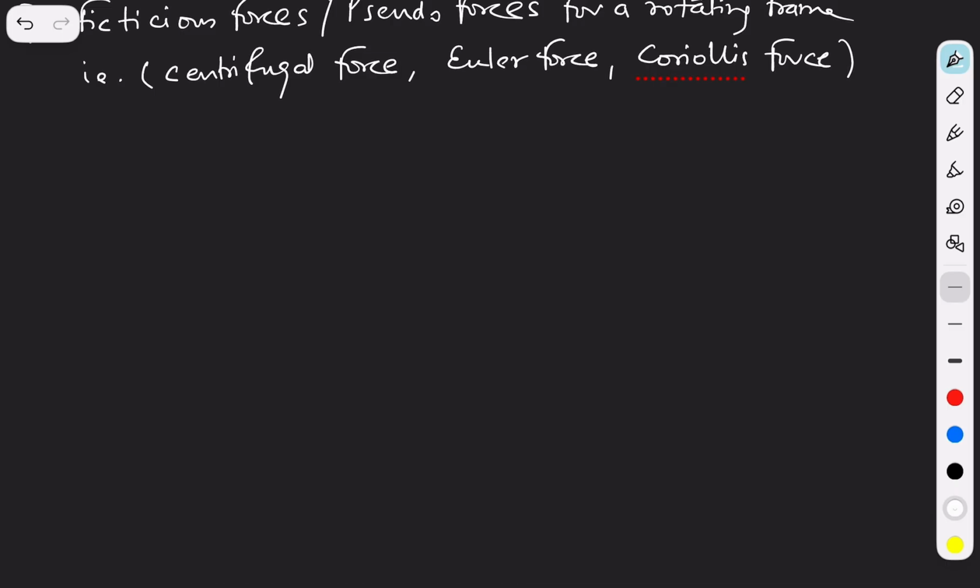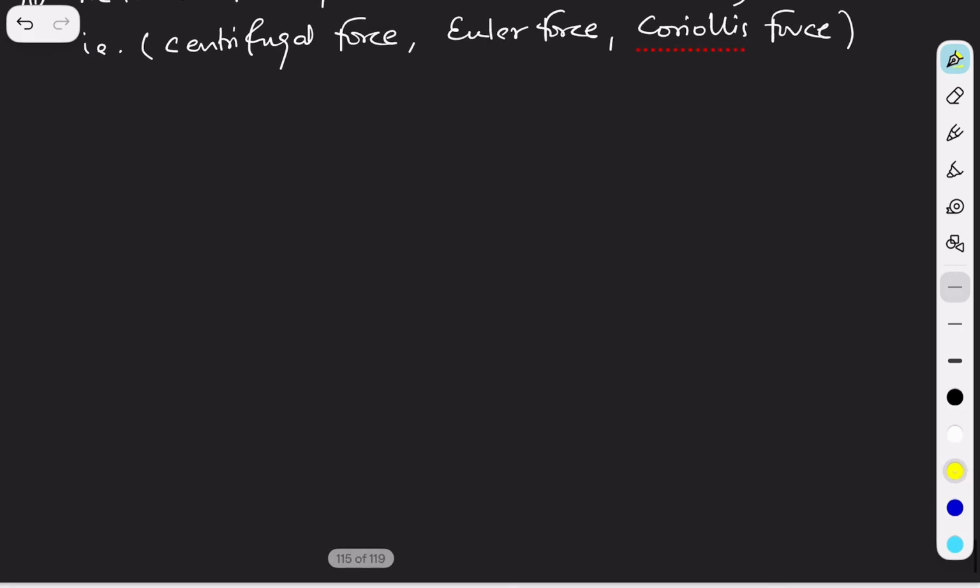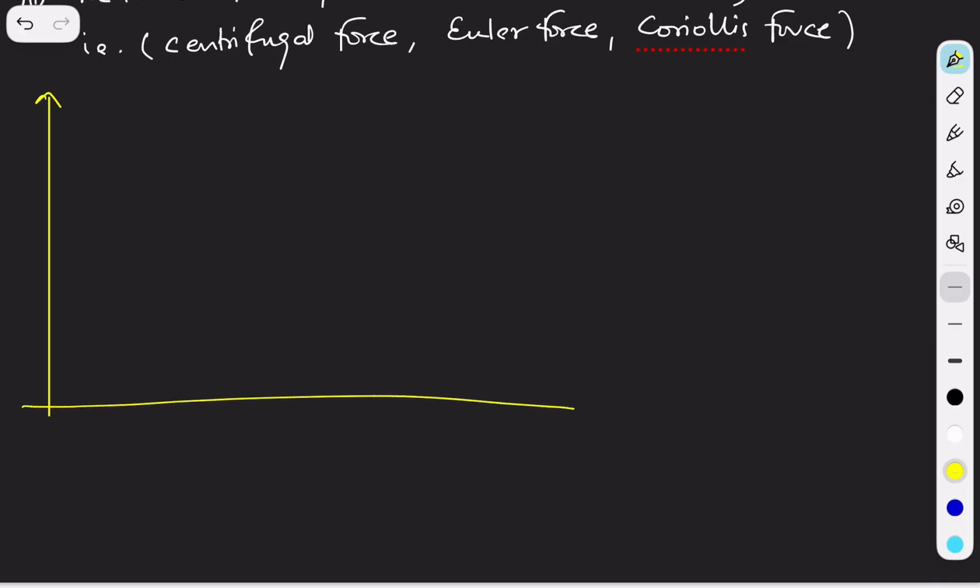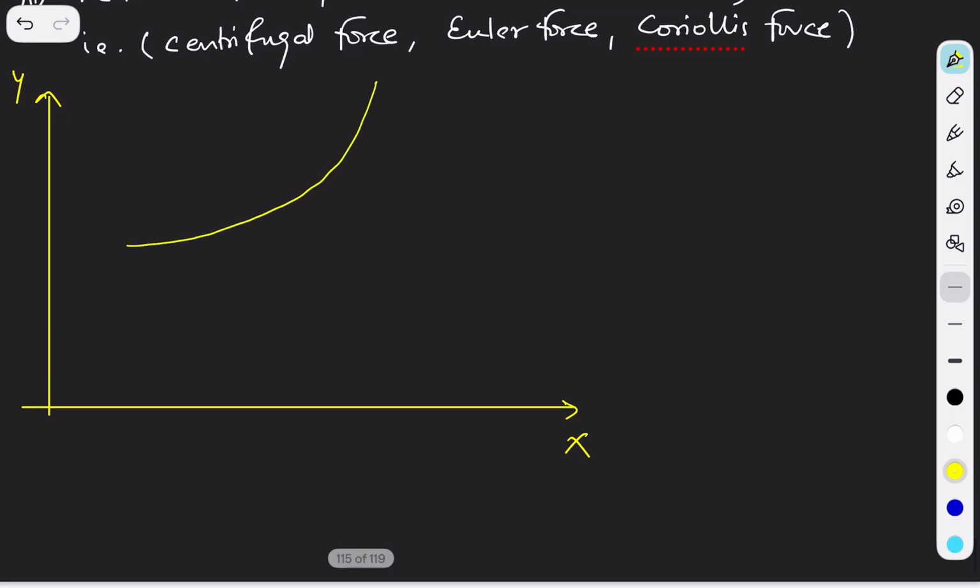So see, the thing is, suppose you are having, let's say this is your y axis and this is your x axis, and let's say, guys, this is some sort of curve on which a particle is going to move.